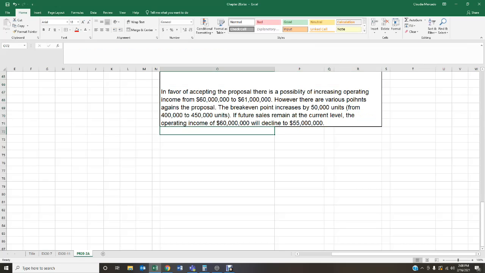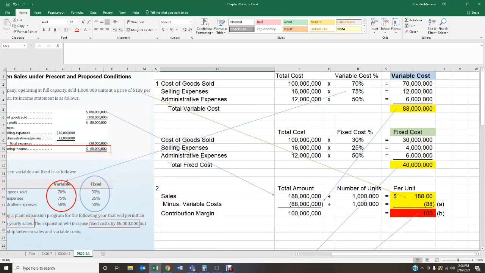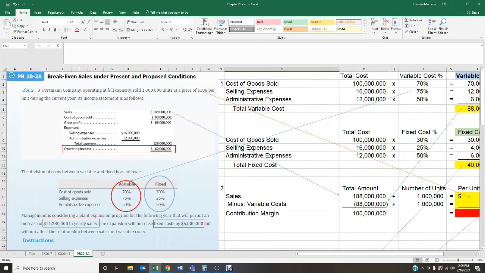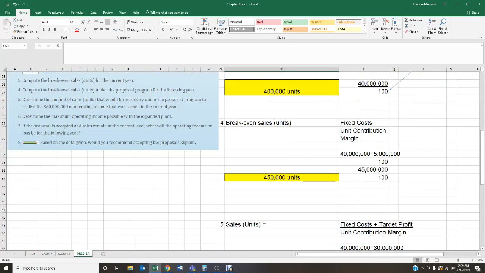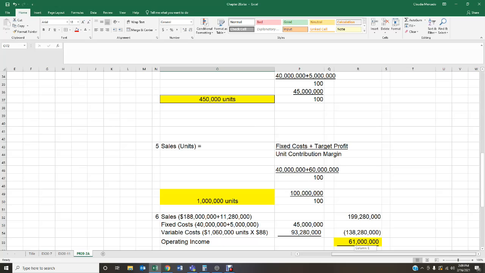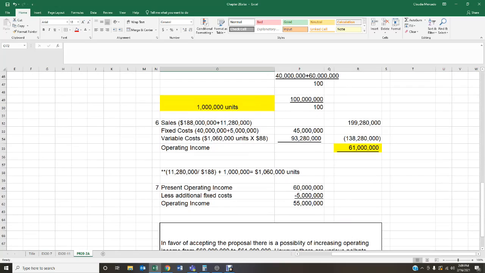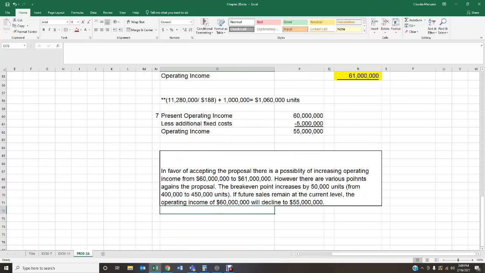Right now, selling 1 million units, we're making operating income of 60 million. And then if our sales remain the same, what we calculated in requirement 7, but we still have to cover that additional fixed cost, our operating income is going to drop to 55 million. So that's not good. We don't want to see a decline in our operating income.